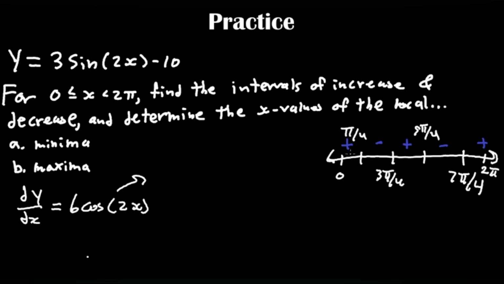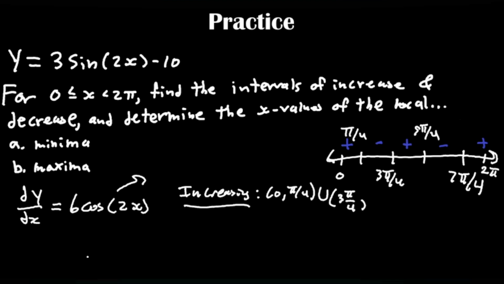Now, where the derivative is positive is where the function is increasing, and where the derivative is negative is where the function is decreasing. So, our increasing intervals, we know that from 0 to pi over 4, from 3 pi over 4 to 5 pi over 4, and from 7 pi over 4 to 2 pi.